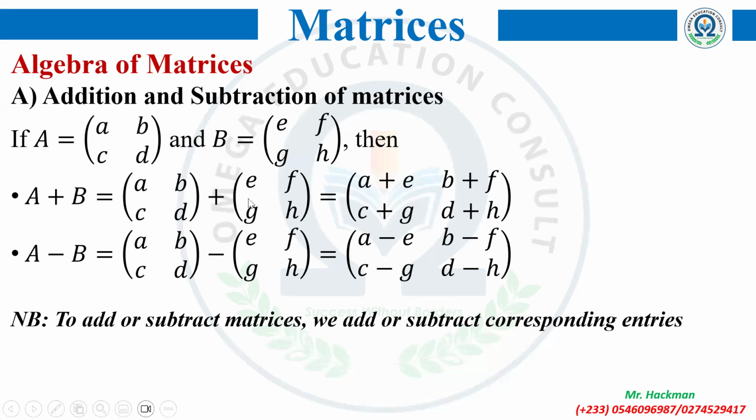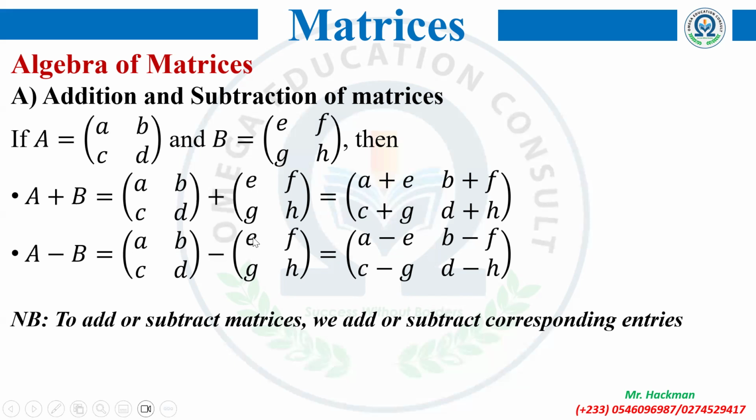So in this case, matrix A plus matrix B will be equal to, we said we add corresponding entries. So A plus E will give you the first entry, B plus F will give us our second entry, C plus G will give us our third entry, then D plus H will give us our fourth entry. Then the same for the subtraction. You subtract corresponding entries.